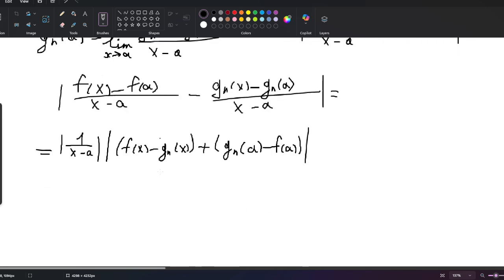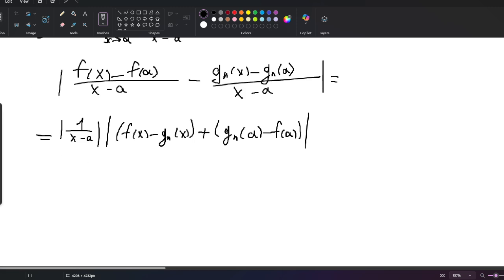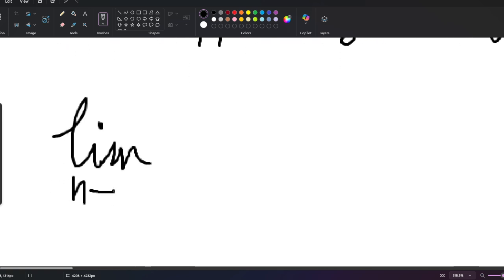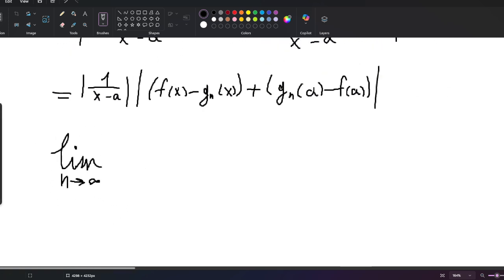Now what we can do is take the limit as n approaches infinity here.